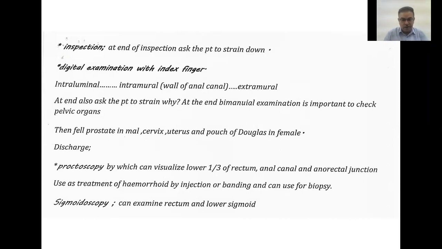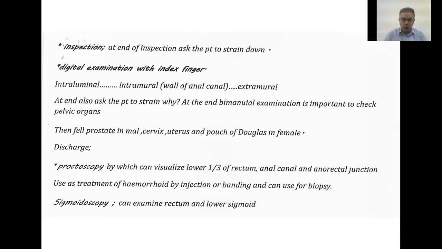Proctoscopy, by which we can visualize the lower third of the rectum, the anal canal, and the anorectal junction. It is used as a treatment of hemorrhoids by injection or banding and can be used for biopsy.